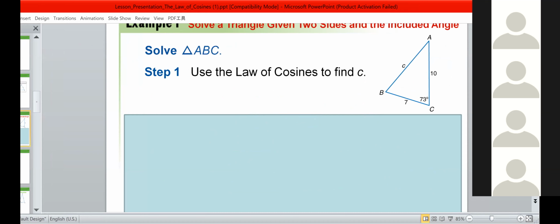First, I need to get the side C. Mazen, yes, I need to get the side C. So I start with C power 2 equals A power 2 plus B power 2 minus 2AB cosine C. Excellent.